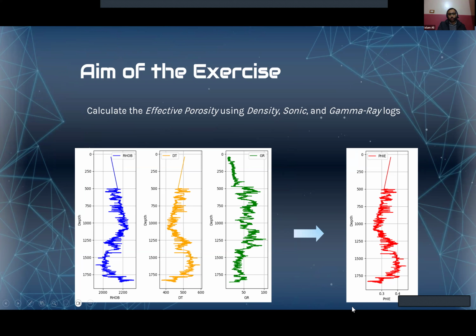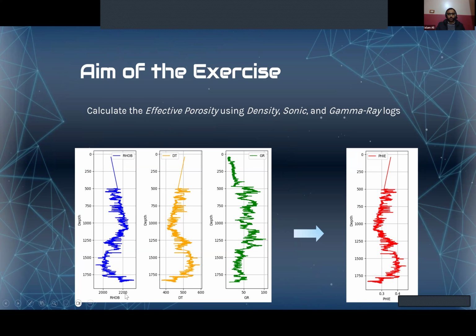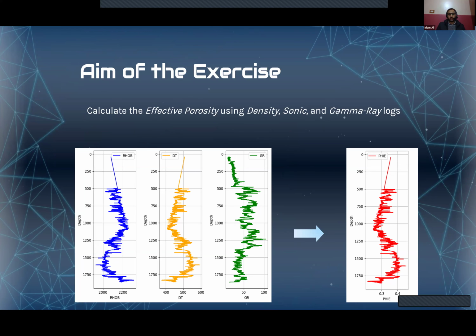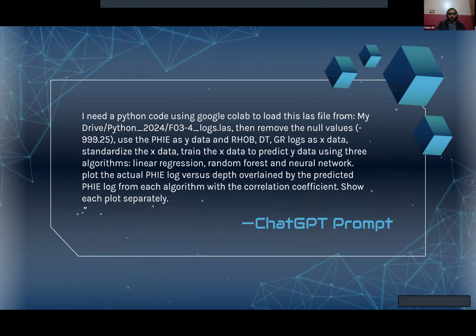That is, of course, going to be different from the porosity ranges. So I want all the data to be on the same page. So I will do the standardization. They will all be running at the same ranges.